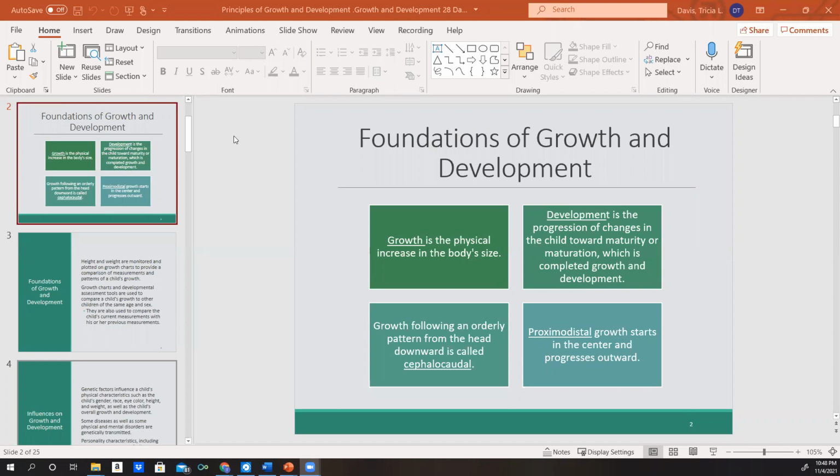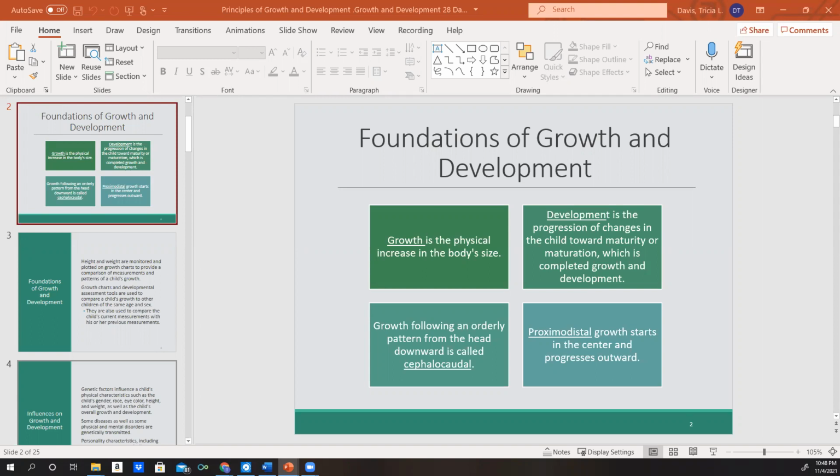This is going to be your principles of growth and development, and principles of growth and development 28 days to 1 year old. So we're going to start with principles of growth and development. When we talk about growth and development, we are referring to the total growth of that child from the time they're born up until the time they're considered mature.